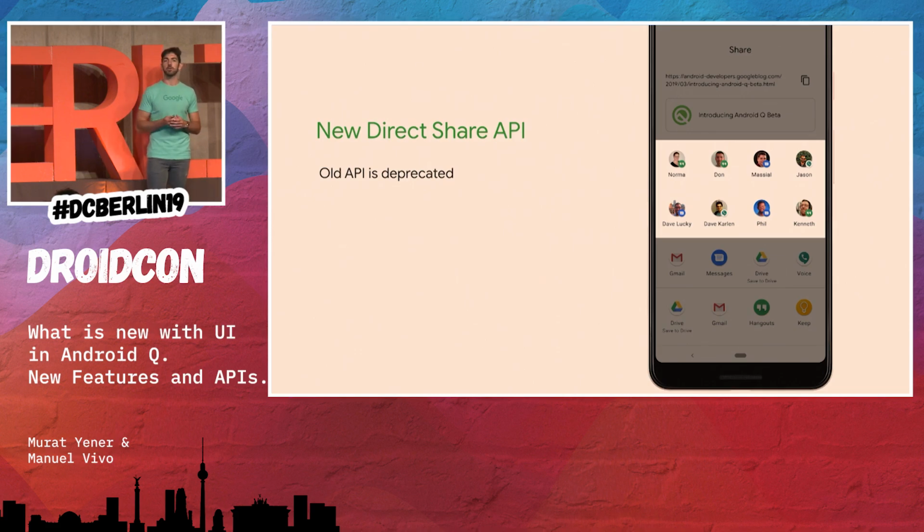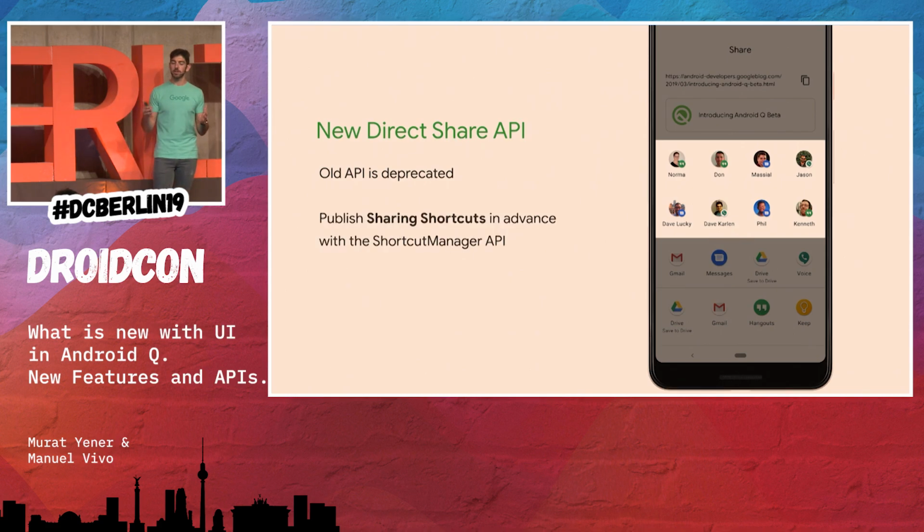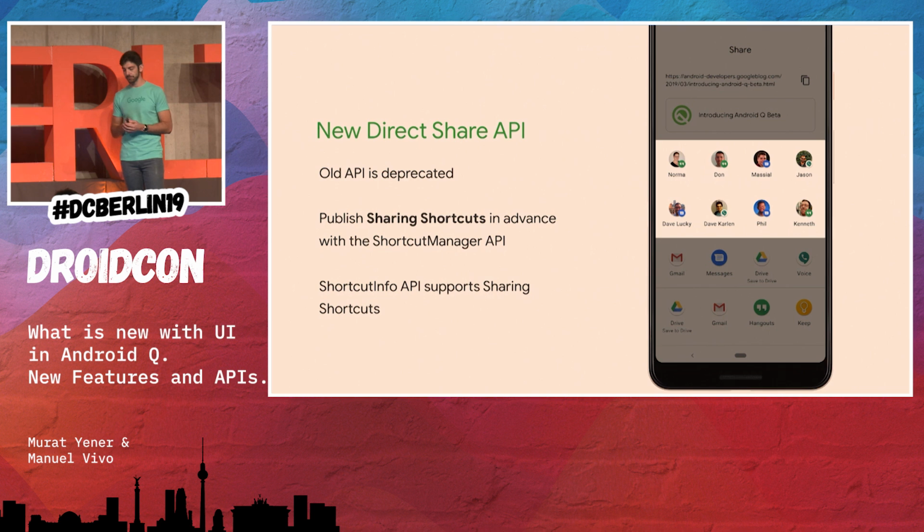So for example, when you are publishing static shortcuts, when the user long presses on your launcher icon. And that's why we combined those features, and now you can publish these sharing shortcuts in advance with the Shortcut Manager API. The way you create shortcuts is with the ShortcutInfo API, and now that's also supporting sharing shortcuts.